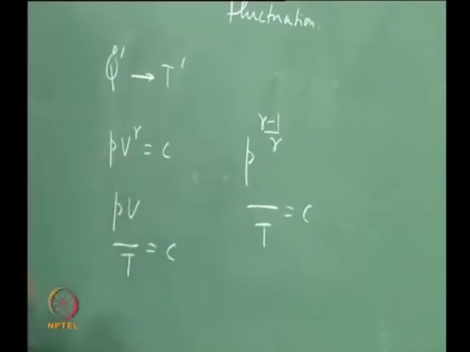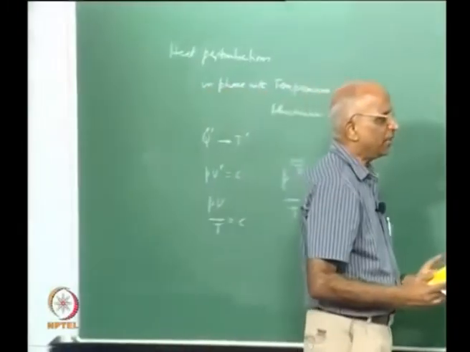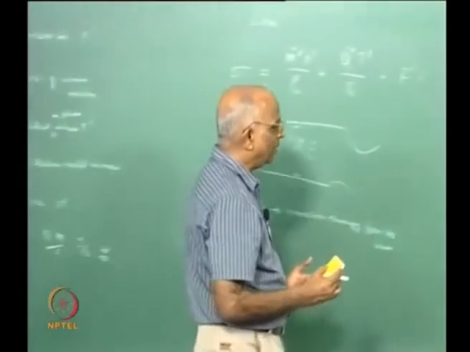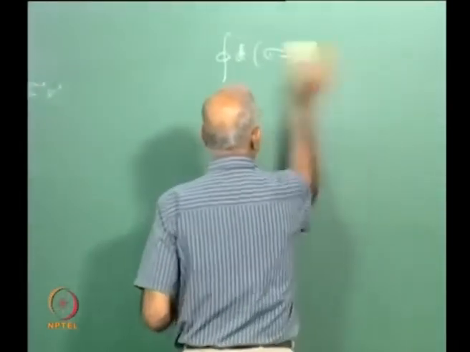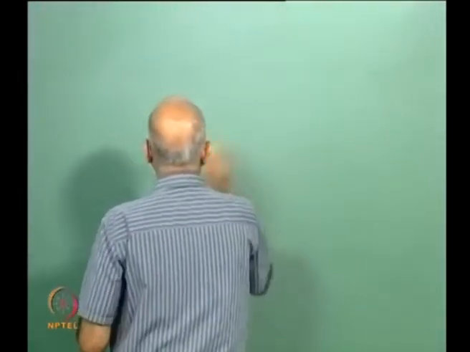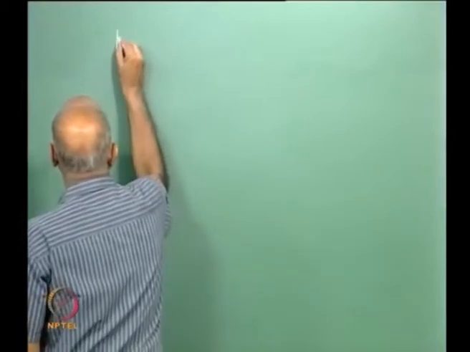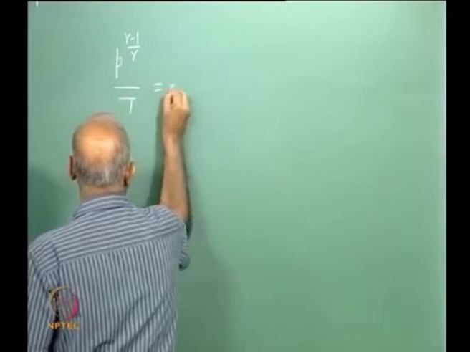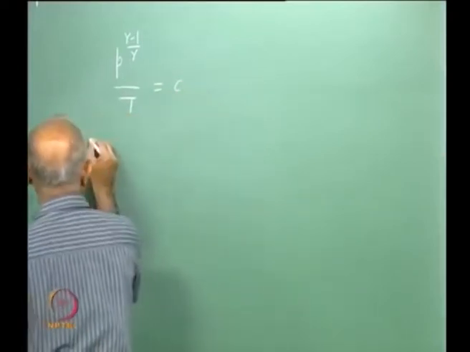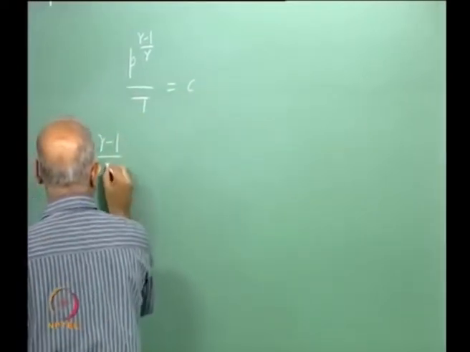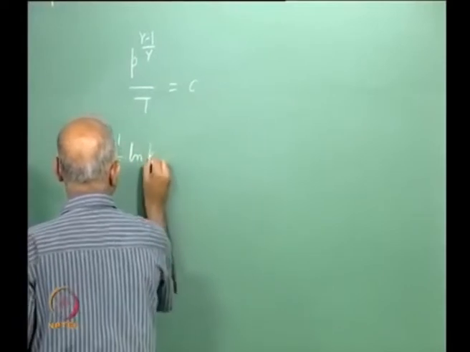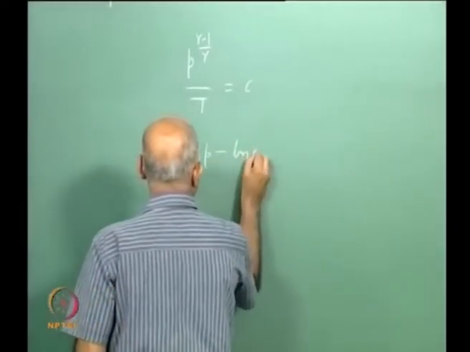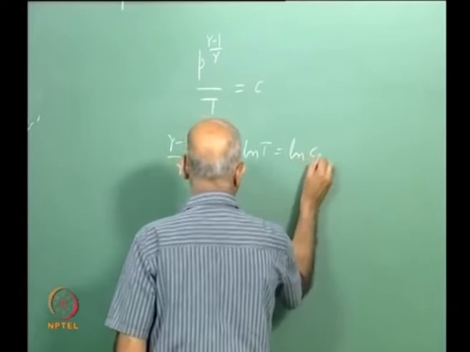And if I were to take this expression and differentiate it, let me do it on the other side. I get P to the power gamma minus 1 by gamma divided by T is a constant. I take the logarithm and I say gamma minus 1 by gamma into ln of P minus ln of T is ln of a constant.